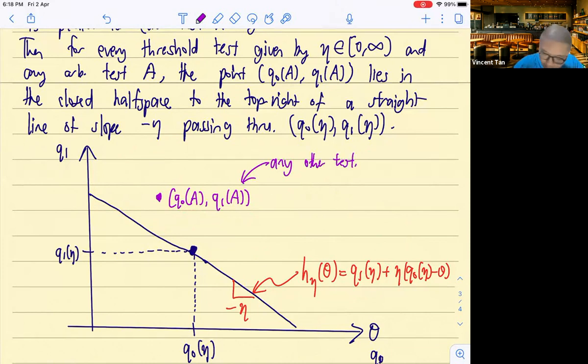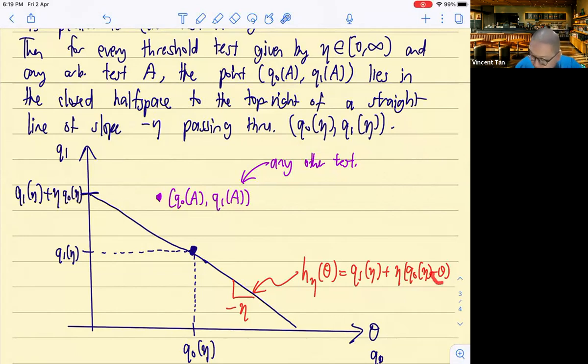Now before I go any further, I want to write down this particular point here. This point here is Q1 of eta, when theta is equal to 0, plus eta Q0 of eta.